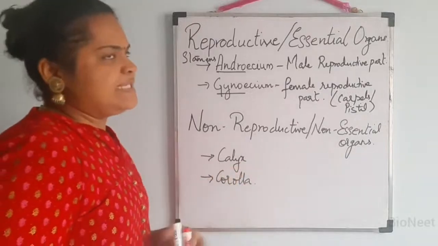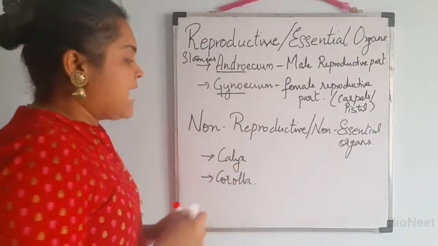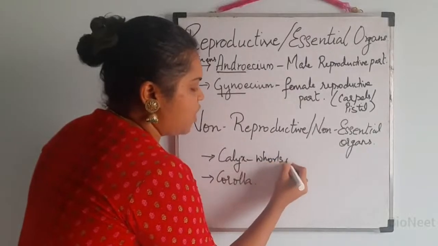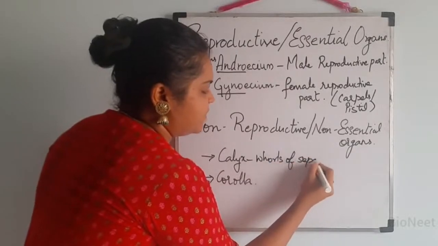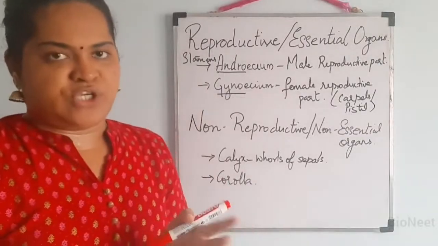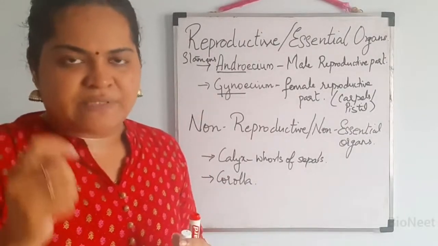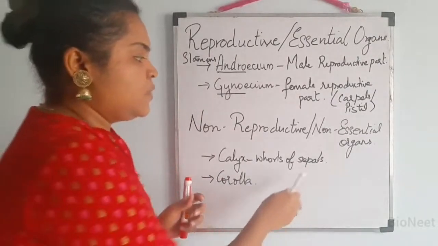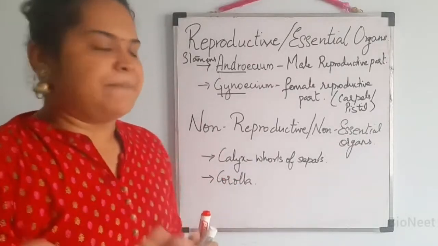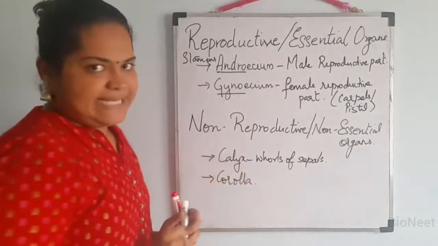Now seeing these terms also, you need not panic. Calyx is nothing but the whorl of sepals. I told you that there are green leafy structures present just above the pedicel, right? We call them sepals. One is a sepal, and a bunch of sepals is called a calyx.